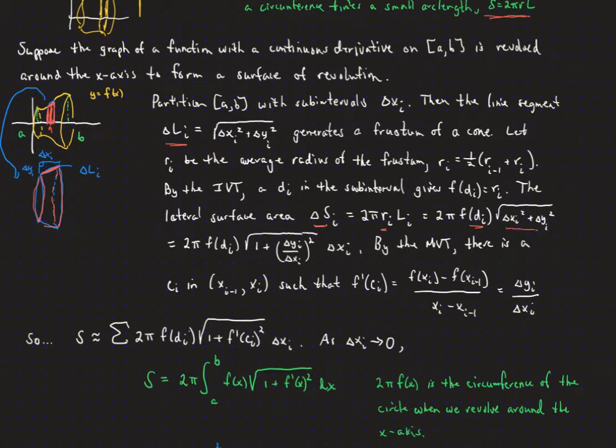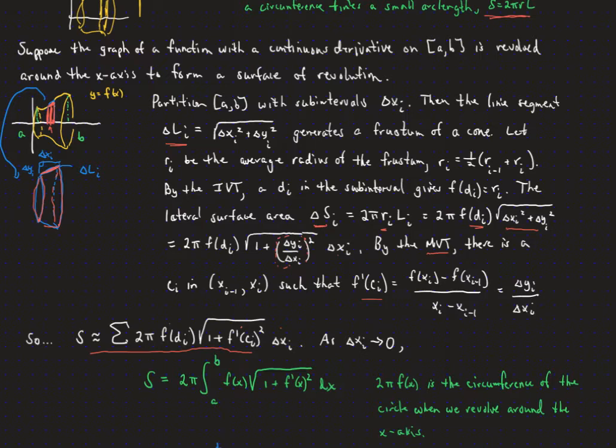Here's our little bit of arc length right there, but as we saw in our discussion with arc length, that's not yet a Riemann sum, so we multiply top and bottom by delta x sub I. We bring the denominator delta x sub I inside the radical, and then we can invoke our mean value theorem to replace this delta y sub I over delta x sub I by an f prime of c sub I. And so then we made our way to a Riemann sum, because we've got just these function values and derivatives with a delta x in there.